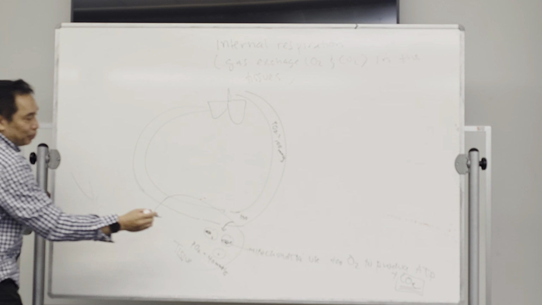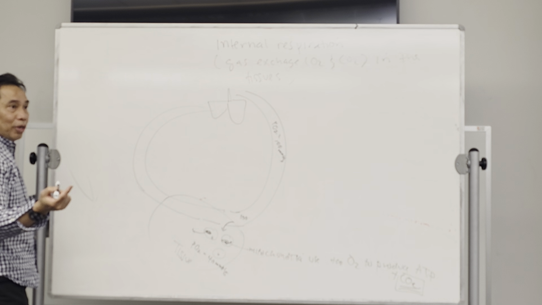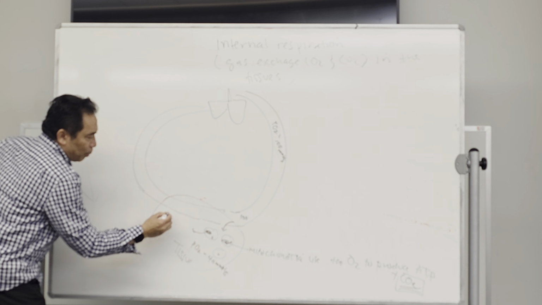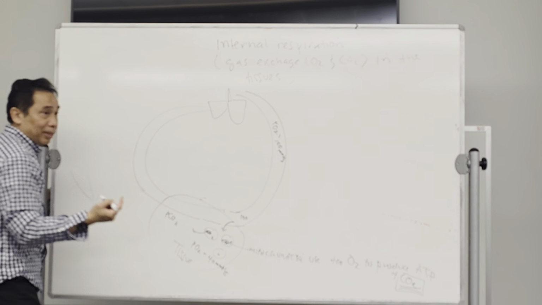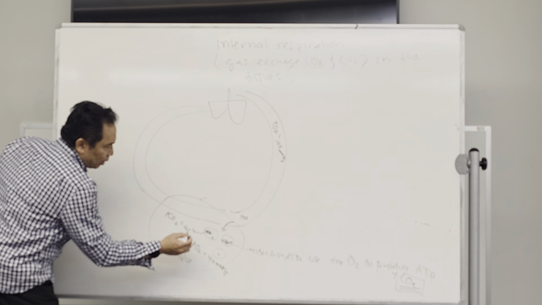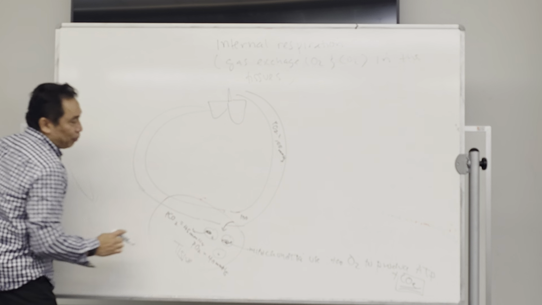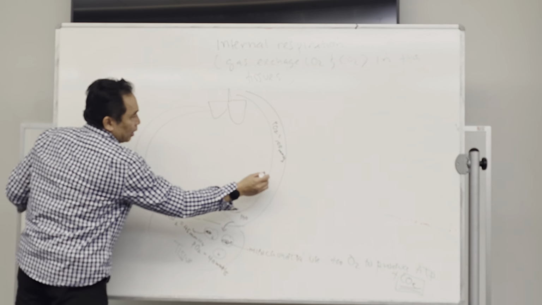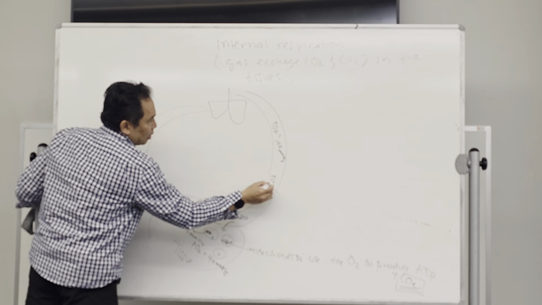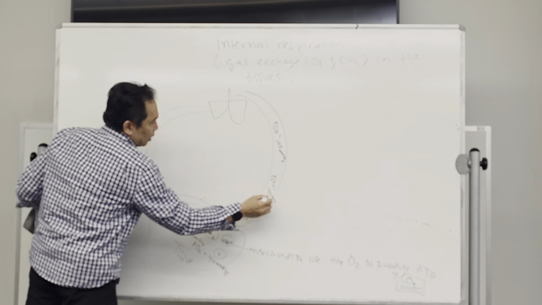It means that from this process, it will produce carbon dioxide. So the carbon dioxide pressure over here is going to be around 45, whilst here is 40. Over here 40, right?